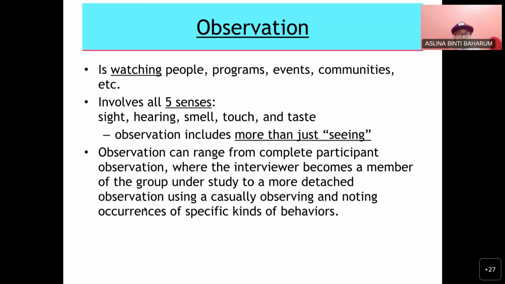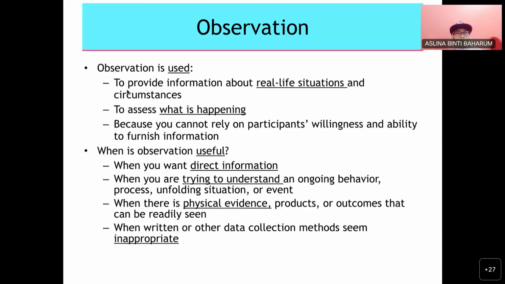Now, this is what is explained in this text. So observation is good to use to provide information about real life situations or circumstances, to assess what is happening, because you cannot rely on participant willingness and ability to furnish information. I give you an example. You have a proposal to design a student mall in your UiTM Jasin, right?